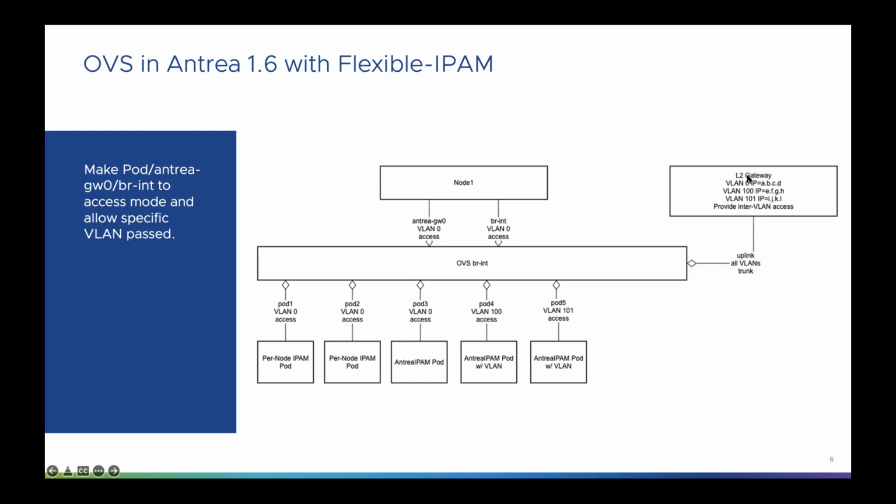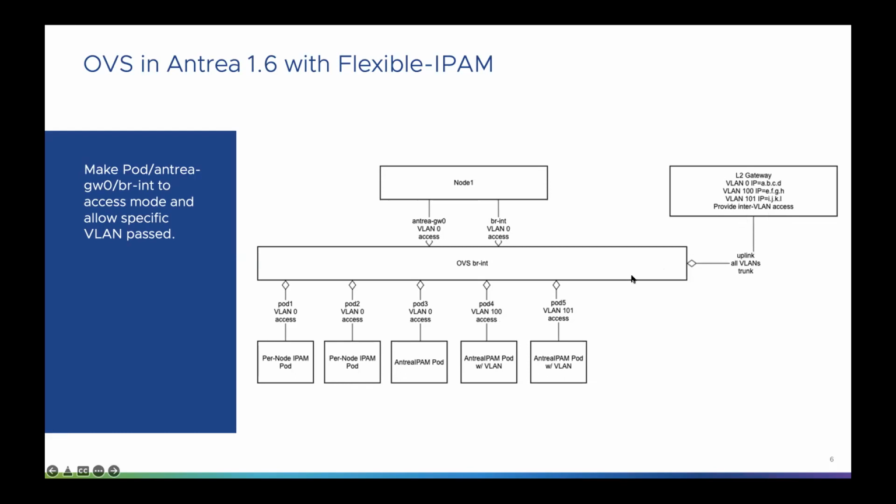Also, the layer 2 gateway needs to configure IPs for the multiple VLANs. It also needs to provide the inter-VLAN access, such as for VLAN 100 and VLAN 101.